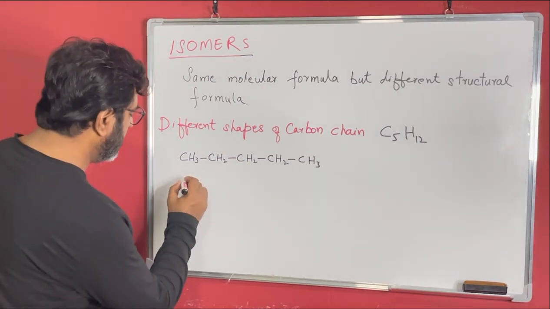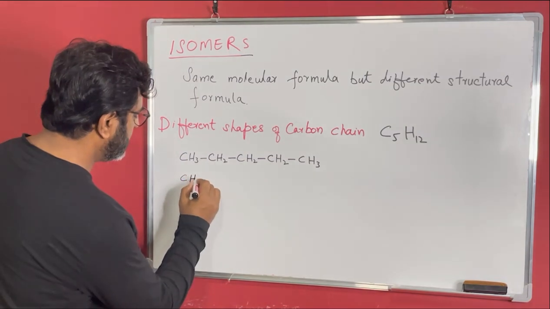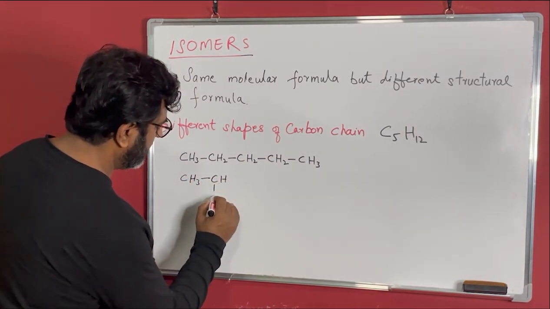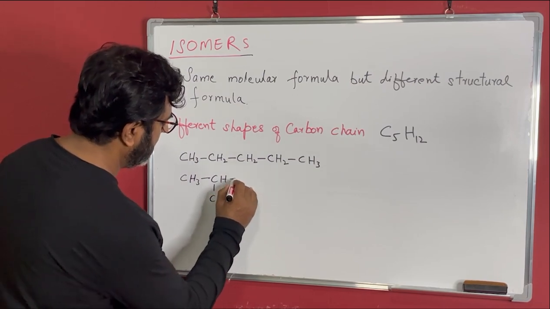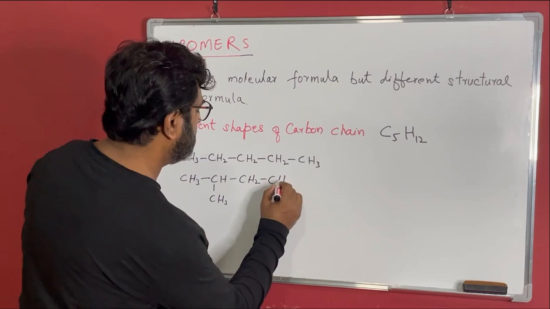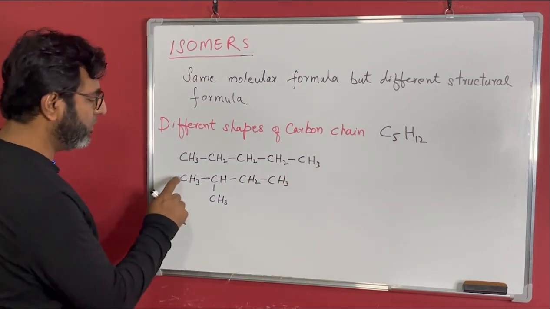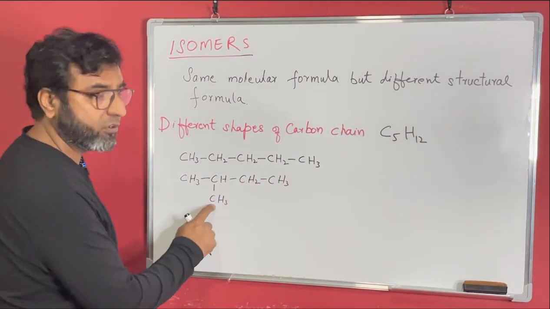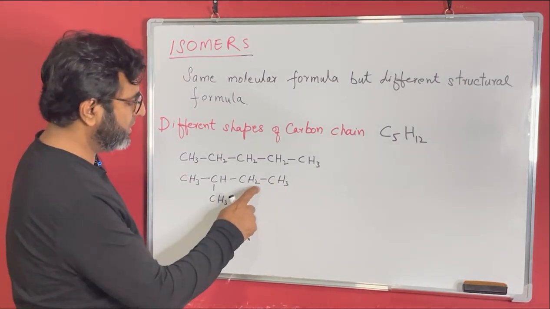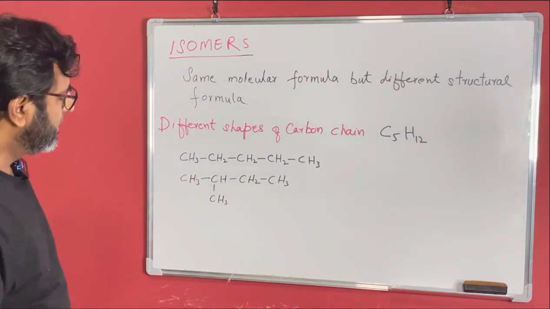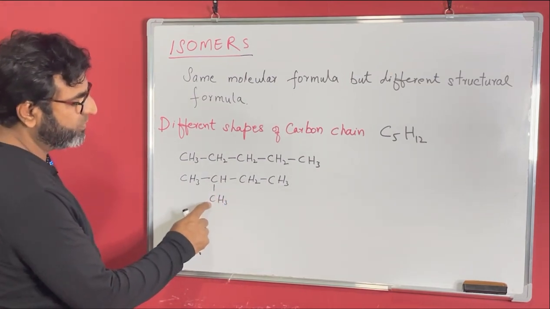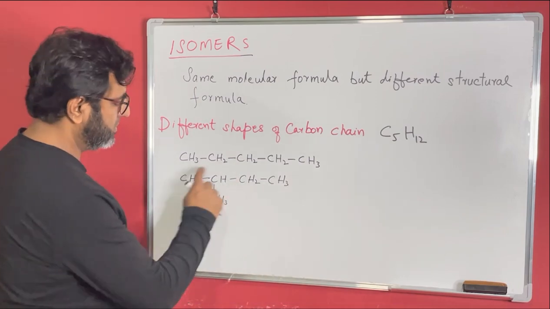Another example could be CH3, CH and CH3, CH2 and CH3. In this also 1, 2, 3, 4, 5 carbons, but 3, 3, 6, 6 and 3, 9 and 3, 12 hydrogens. But here this group, the methyl group, has become a branch to this main chain.